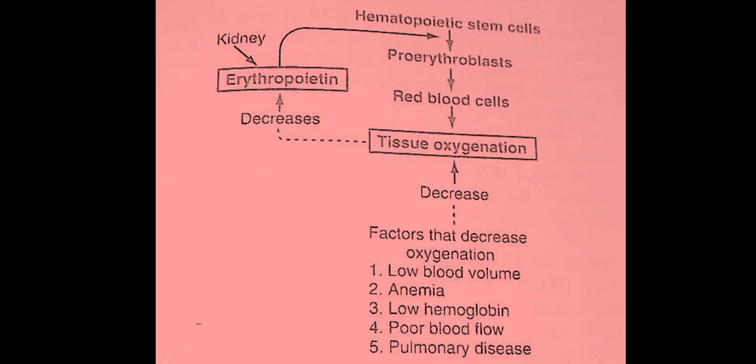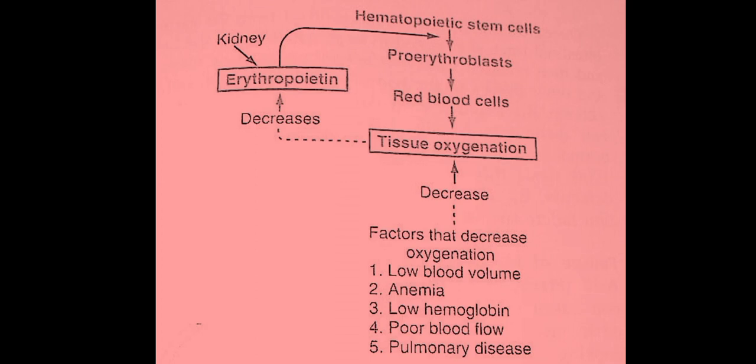If you have this condition, your tissues will get less oxygen than they generally require. The third condition is low hemoglobin. If you have a low hemoglobin concentration, less hemoglobin can carry less oxygen, so your tissues are getting less oxygen.